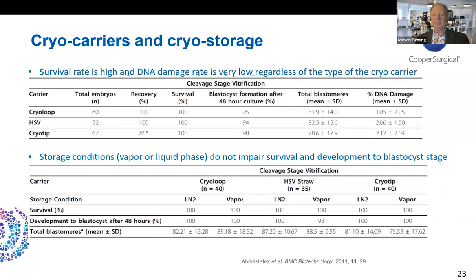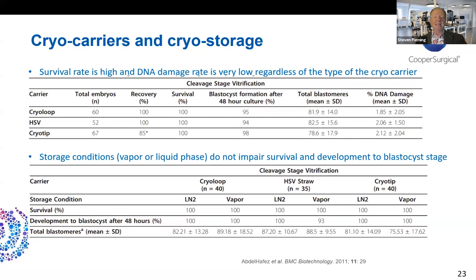So this brings to mind, there are different types of carriers you can use, and there are different types of storage conditions, vapor or liquid phase. So practitioners choose either open or closed carriers, either because of the ease of handling open carriers with their known high cooling and warming rates, or because of a wish to minimize the risk of cross-contamination by potential pathogens within liquid nitrogen.